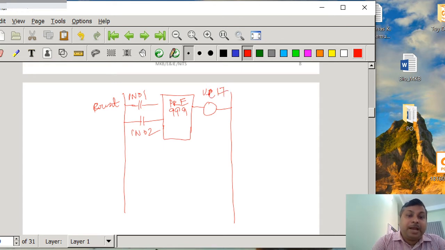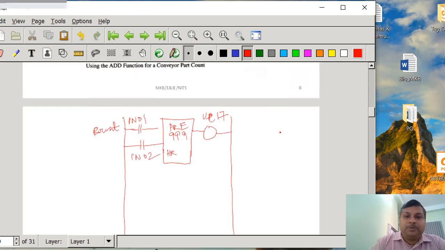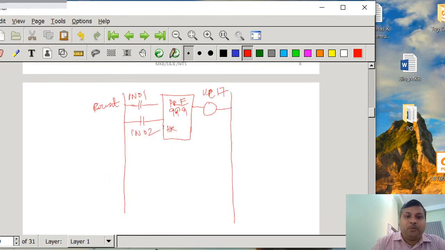Okay, and a very important thing is, what should be the accumulator address of counter 1? There must be an HR. What will that be? It is HR41. That is very important. Fine.